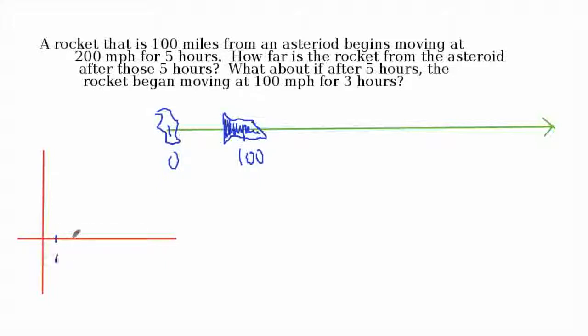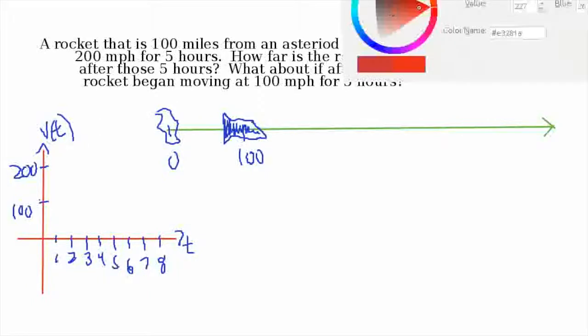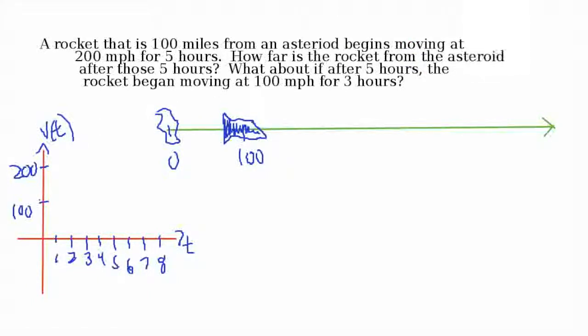So 1, 2, 3, 4, 5, 6, 7, 8, and it was going 200 miles per hour, and then it was going 100 miles per hour. I'm plotting here the velocity versus time. Let's switch colors. How about purple? 200 for 5 hours, and then it went down to 100 for 3 hours.